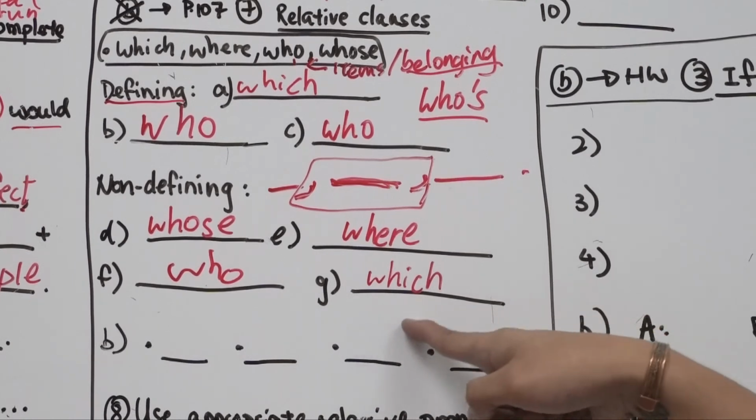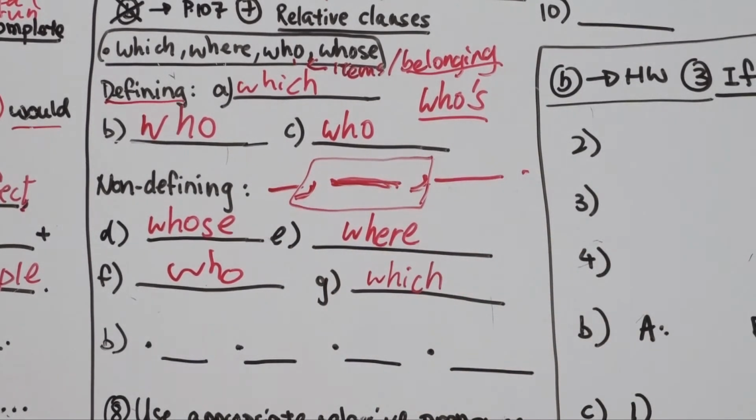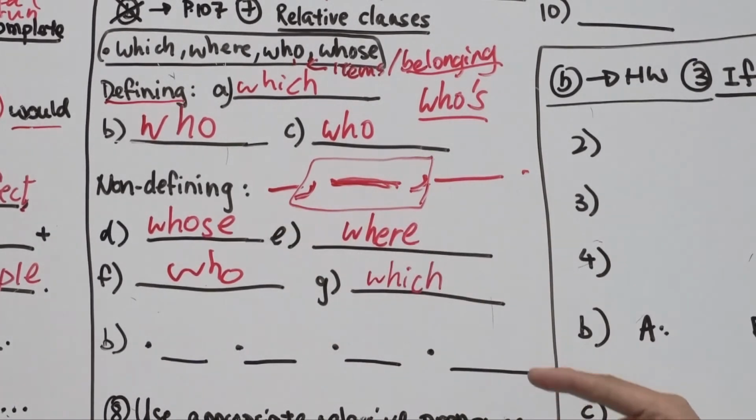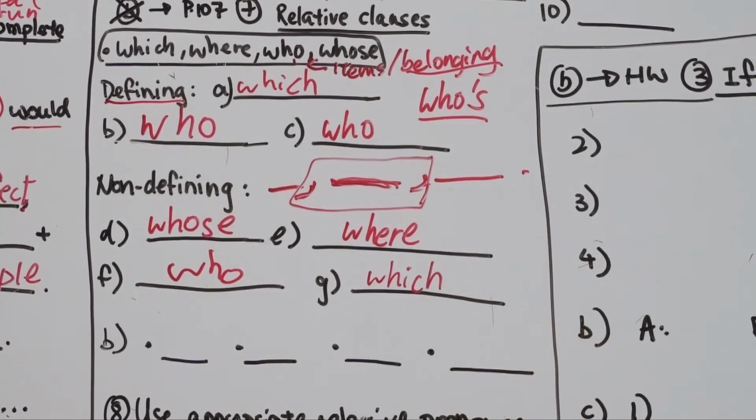Which is referring to Monaco the country or the action of the film stars visiting the country? Which is the Monaco or which is the visiting of the film stars? What do you think? What does it refer to? The country or the action of the film stars visiting the country?